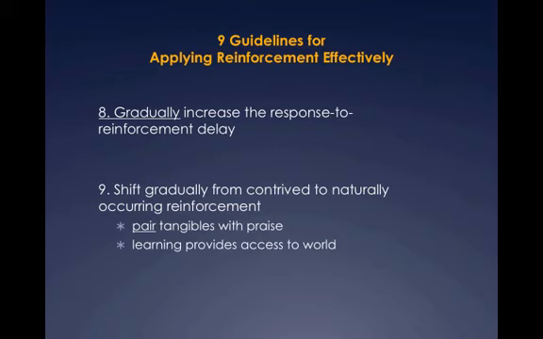You want to gradually increase what's called the response to reinforcement delay. Because you don't want students to do something right and then immediately look at you for approval, you want to fade that out. So once your student's able to do the skill on a regular basis, then it's okay to not say good job right away and give it some time.